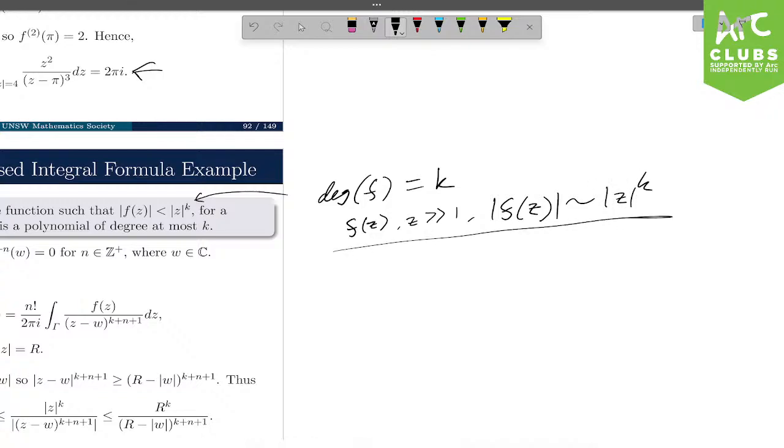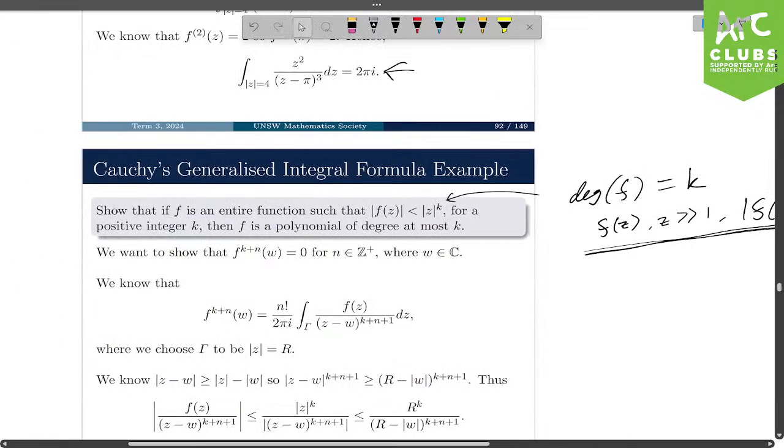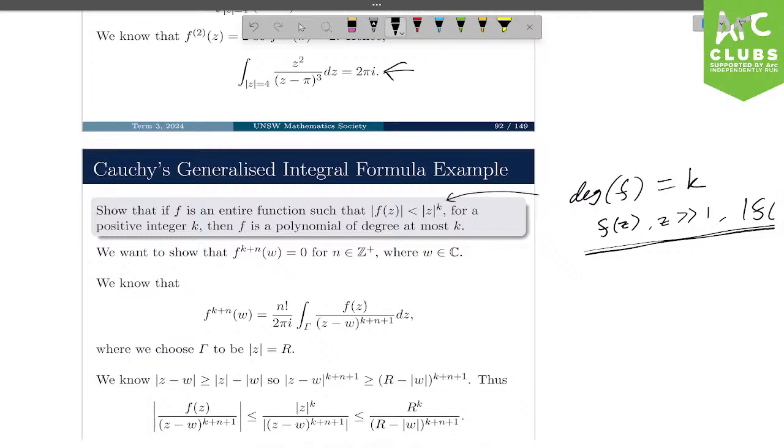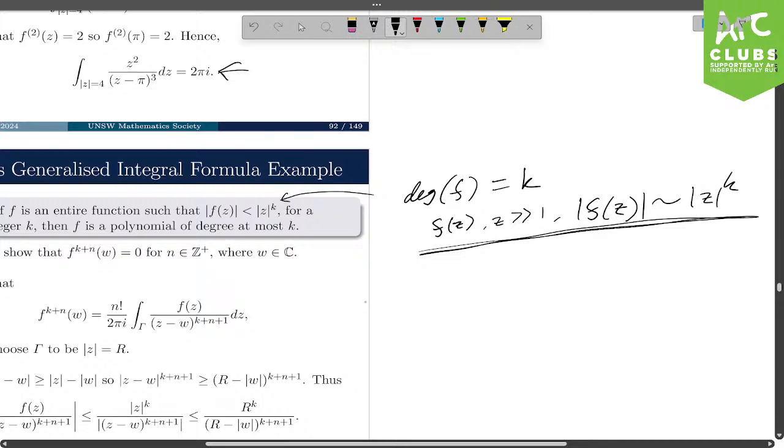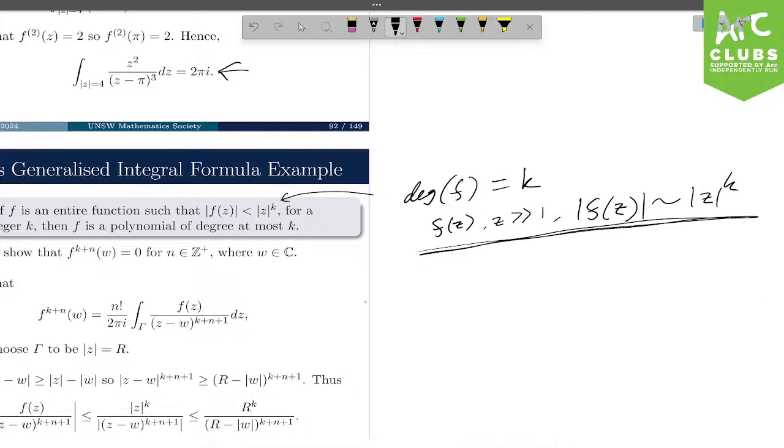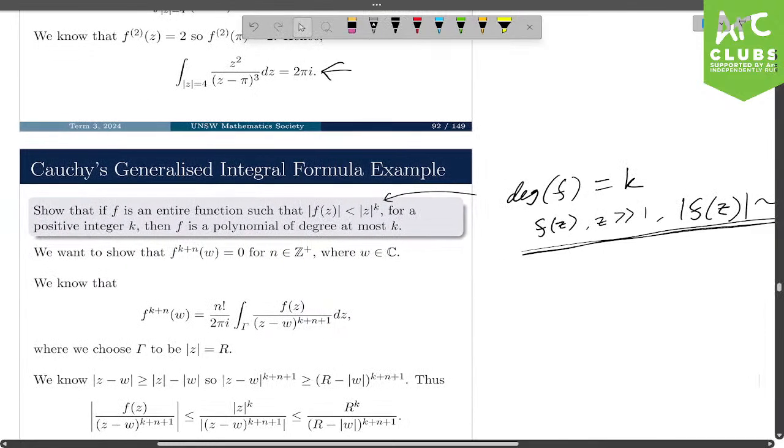Okay? This is just a little thing we can work by with intuition, but we want to be a bit more rigorous than that. Given this intuition, we understand that the behavior of our polynomial is largely determined by the highest power when we hit sufficiently large z.